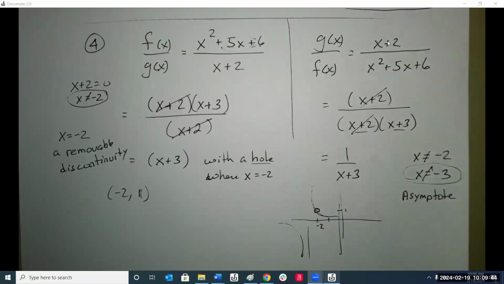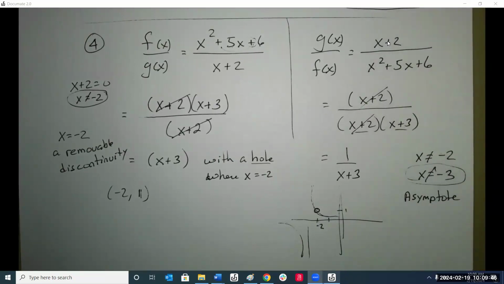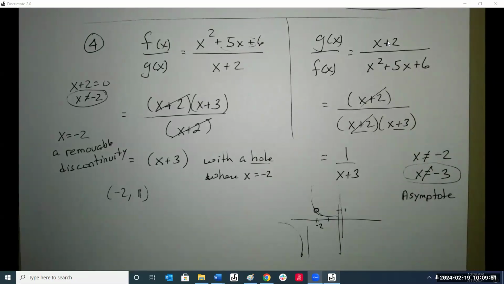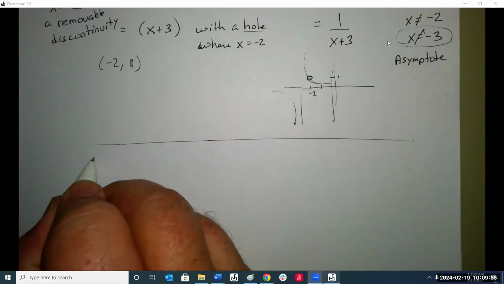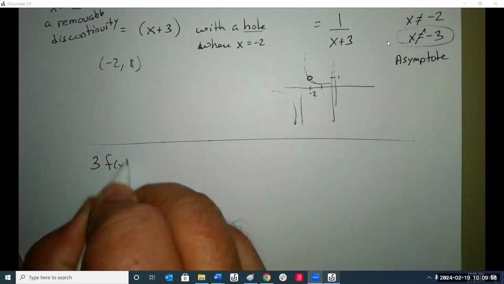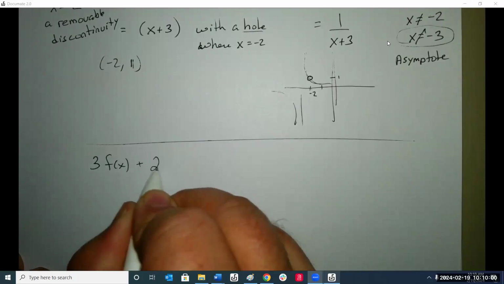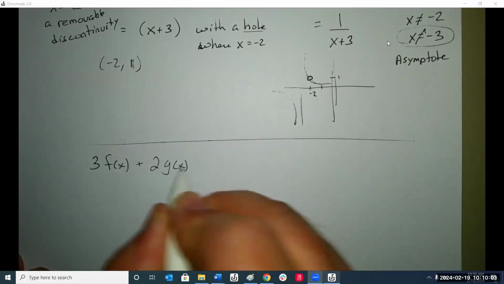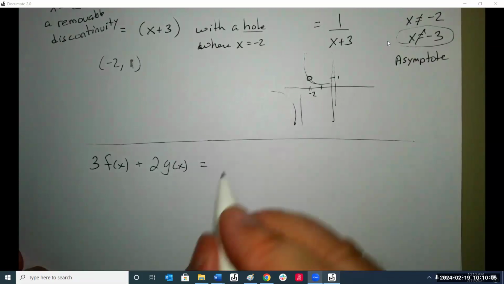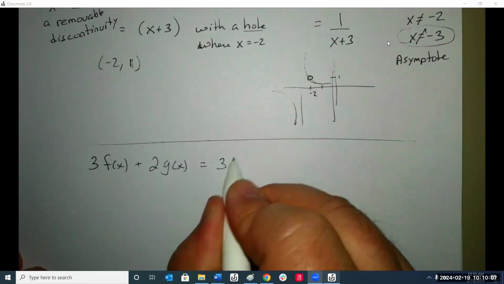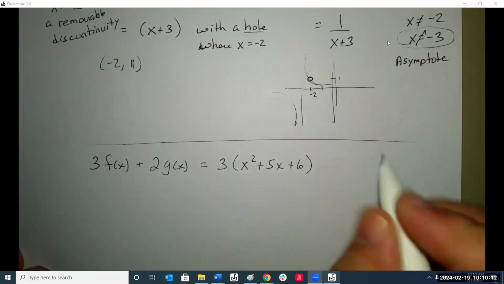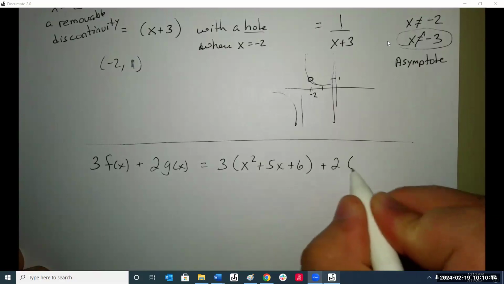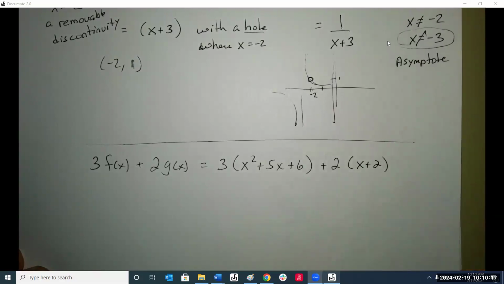So that's the algebra of polynomials. You can also have coefficients in polynomials. So if I have 3f of x plus 2g of x, that's 3 times x squared plus 5x plus 6, plus 2 times x plus 2.